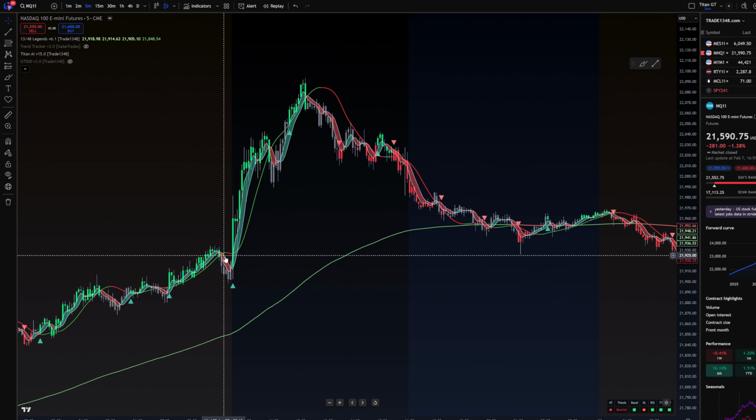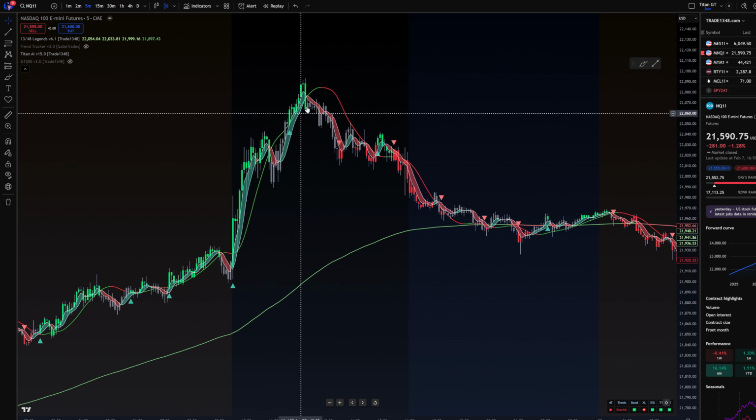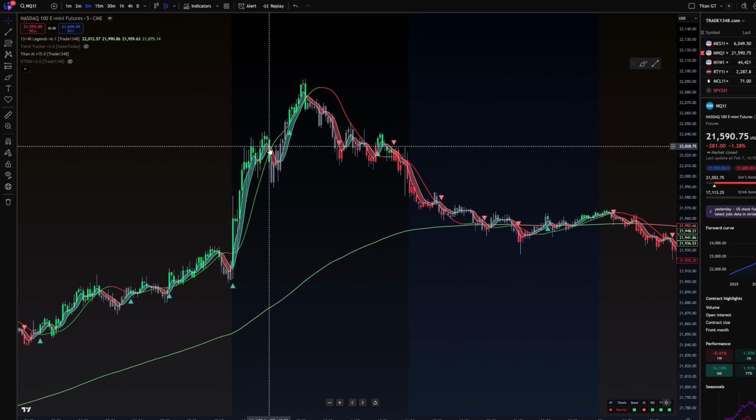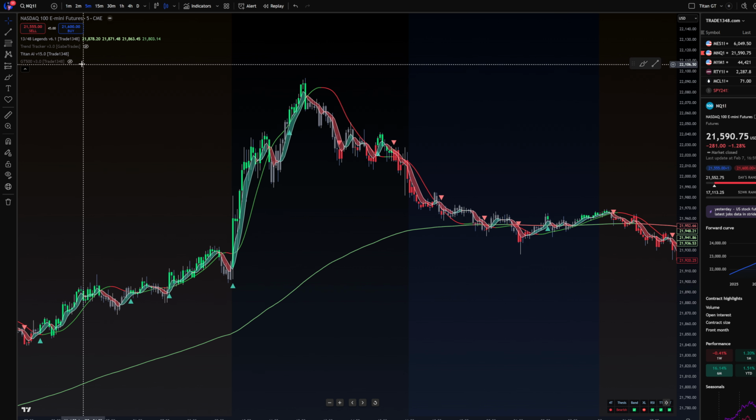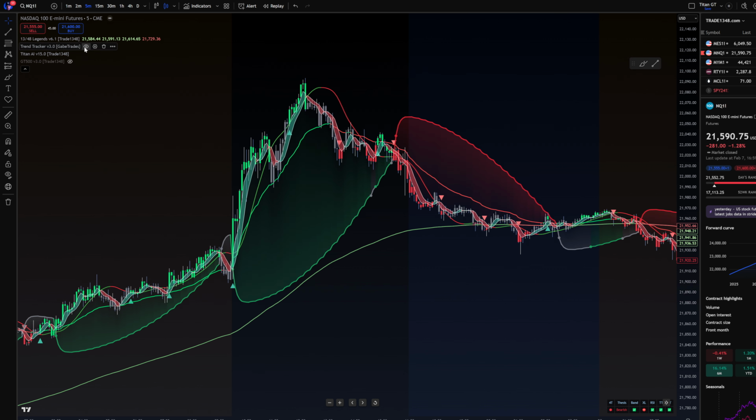Here, unfortunately, if we rely solely on Excel, we would lose confidence at this point. Now, if we turn on Trend Tracker, as long as we do not break below here, guys, a candle close below here, we remain confident. Does that make sense? I hope that makes sense.